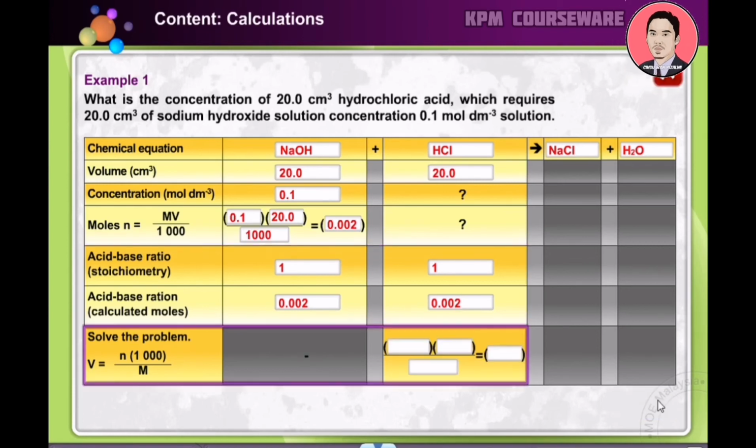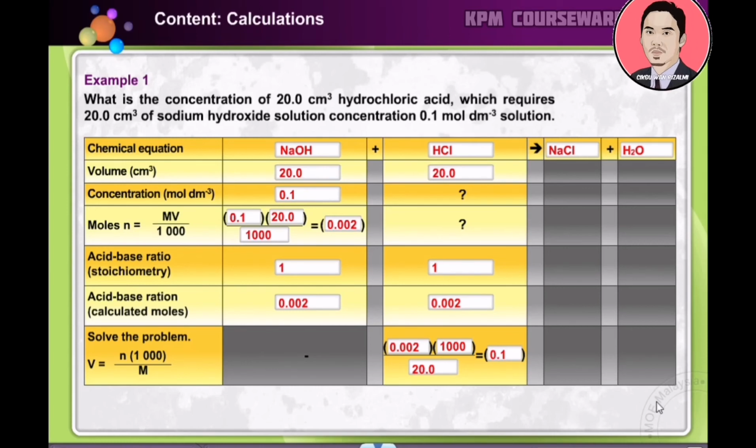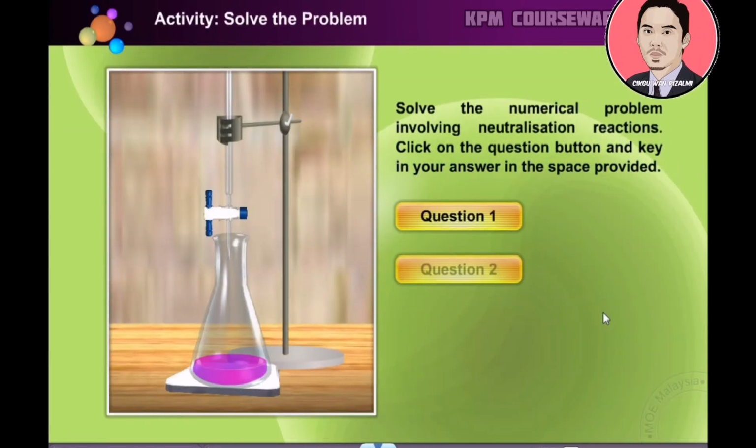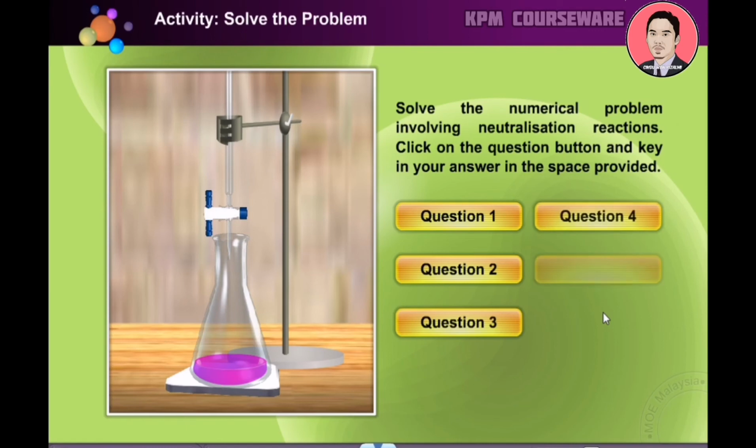Lastly, rearrange the concentration formula to solve the problem. Solve the numerical problem involving neutralization reactions.